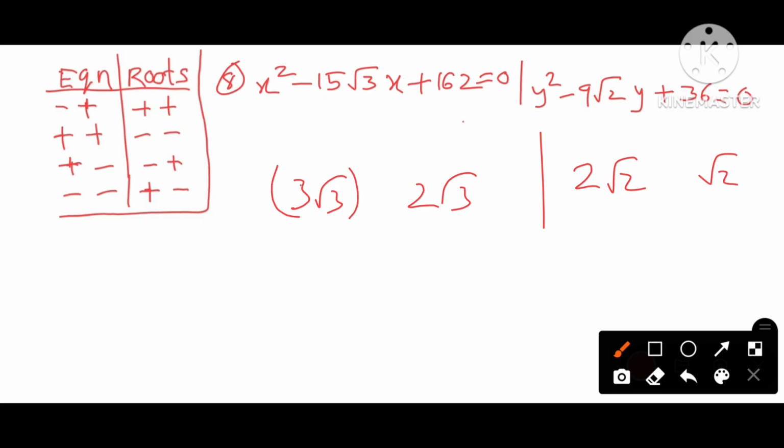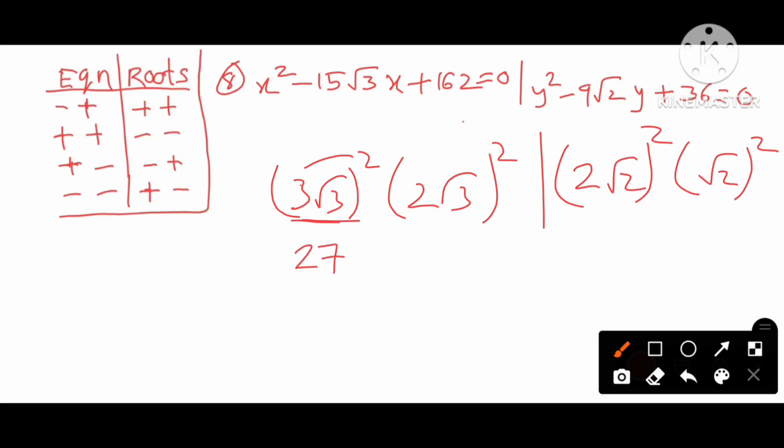Before that, we square all the numbers. First, 3 square is 9, and root 3 whole square is 3. 9 into 3 is 27. Here the signs for the roots are both positive, since minus and plus means both the roots are positive. Next, 2 square is 4, root 3 whole square is 3, and 4 times 3 is 12.